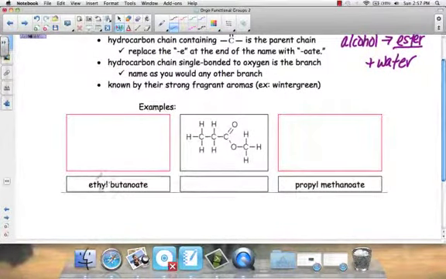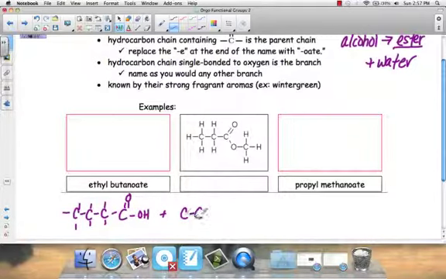So I'm going to take the reaction for the first one that we're trying to draw, ethyl butanoate, and I'm going to take butanoic acid. We just reviewed what an acid was. So I need but for 4 carbons. Acid means it's got a double bond O H on the last carbon. And I'm going to take ethanol, which is 2 carbons, and alcohols have an OH on the end.